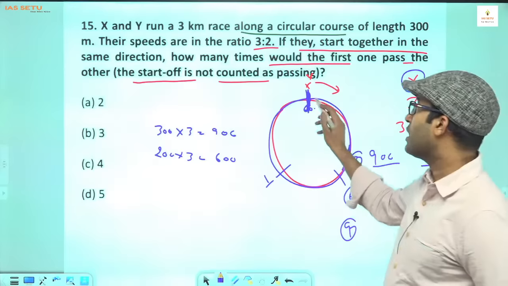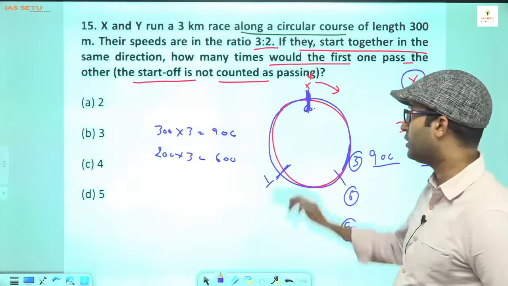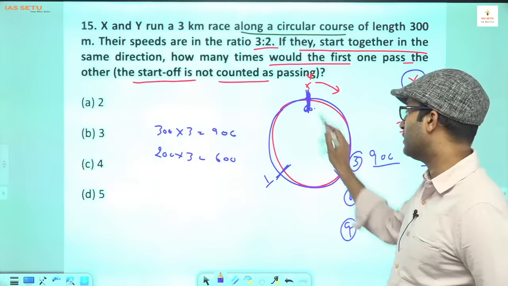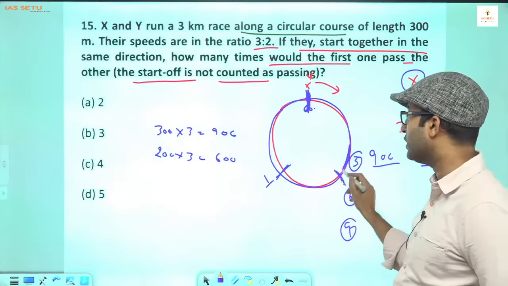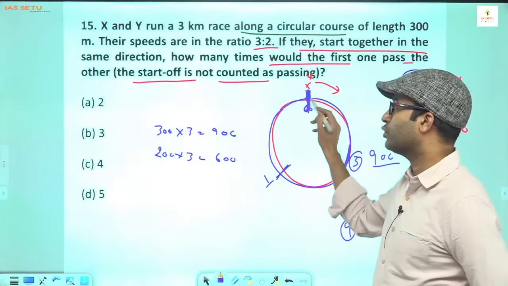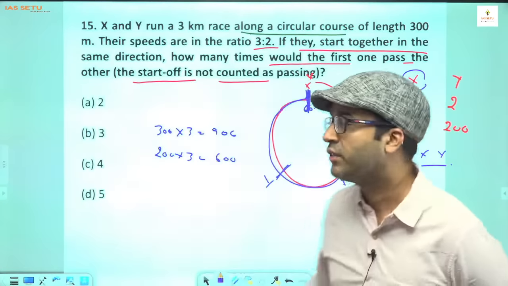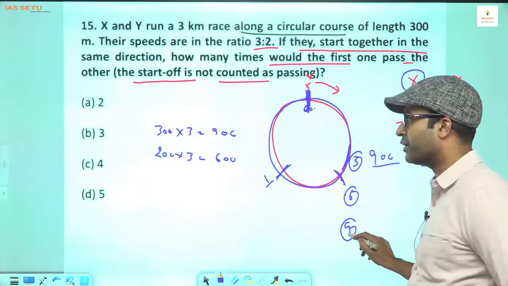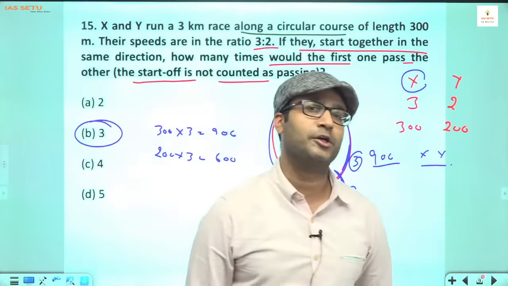When X covers 300 meters, Y covers only 200 meters. When X covers 600 meters, Y will be at the 400 meter mark, 300 plus 100. When X covers 900 meters, Y covers 600 meters. So after 3 rounds, X and Y will be at the starting point, then after 6 rounds, after 9 rounds, so 3 times X and Y will meet at the starting point.